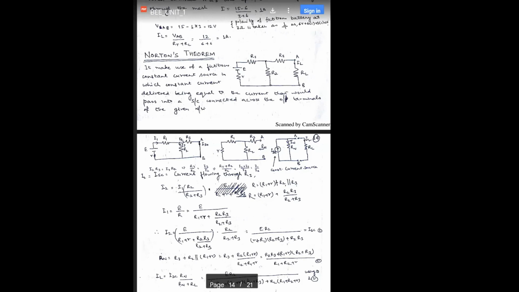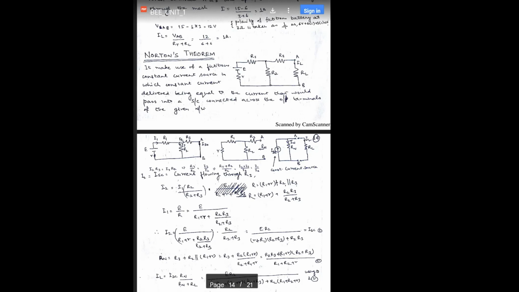Okay, so this Norton theorem makes use of a fictitious constant current source. It is not that the circuit changes altogether and the voltage source is converted into a current source. It is our assumption that it is changed into a current source because it behaves as a current source. What a current source does is supply a constant current irrespective of the magnitude of the resistance or the impedance.